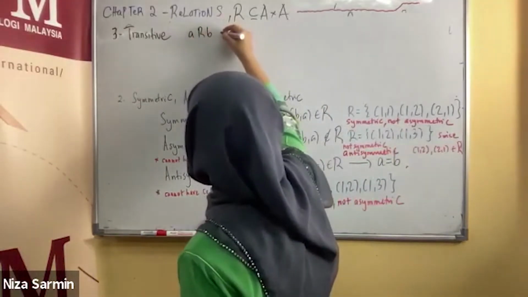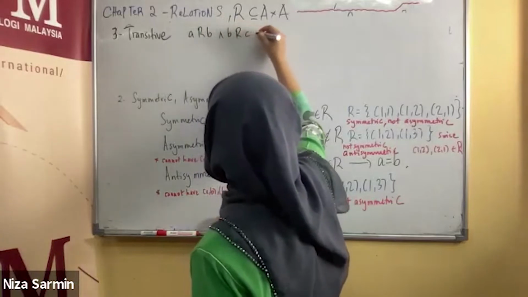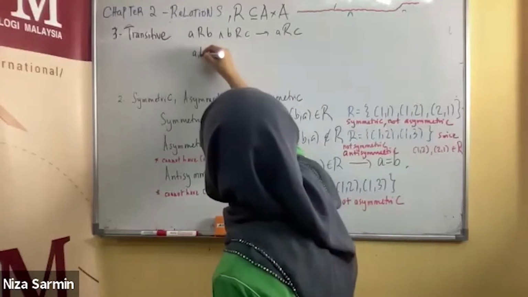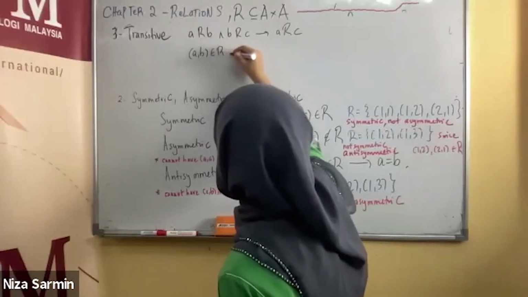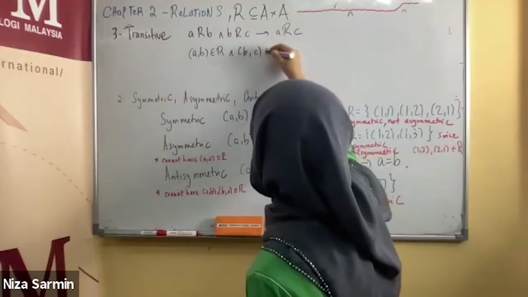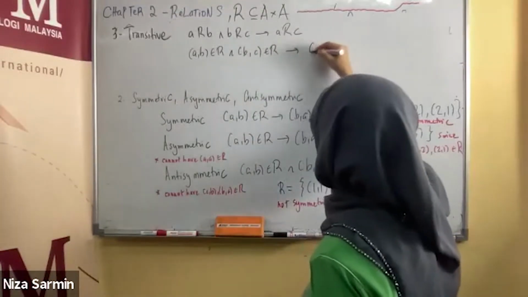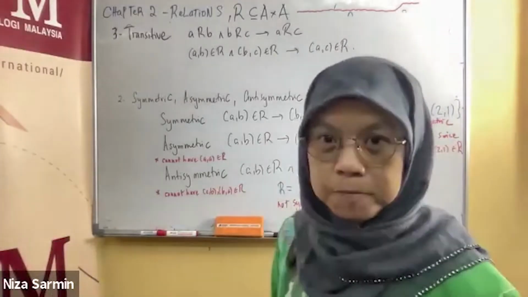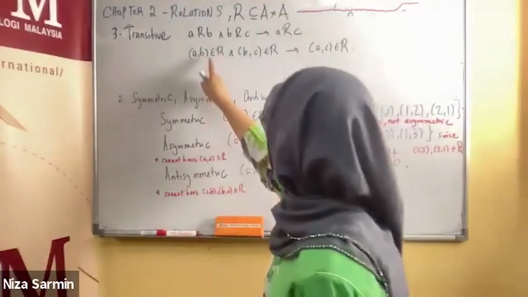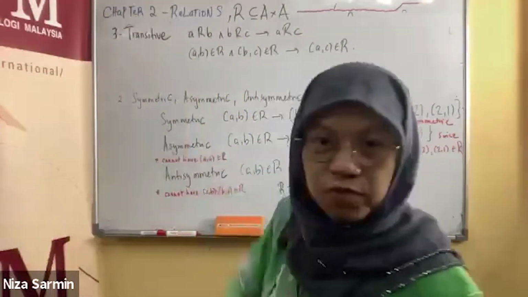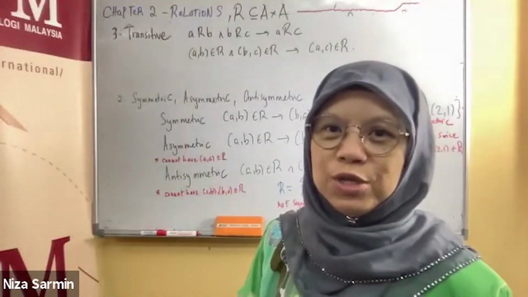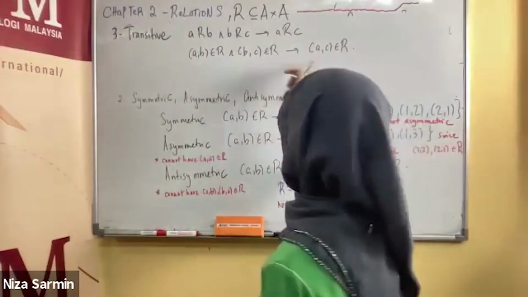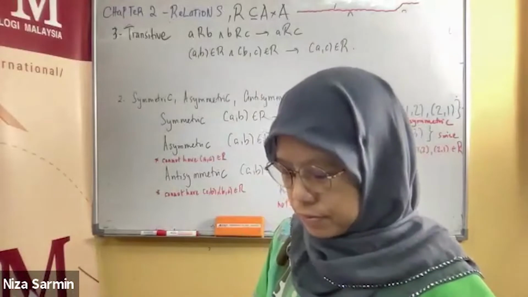If (a,b) is in R and (b,c) is in R, then (a,c) must also be in R. Yet again, if you don't have these two, it is okay, you don't need to check. But if you have these two, you need to check for this one.